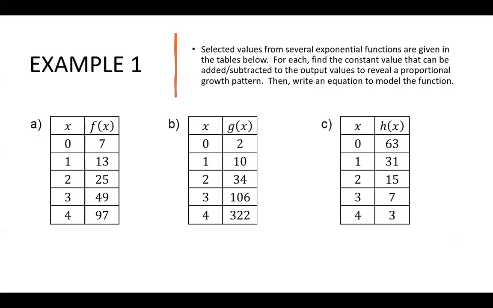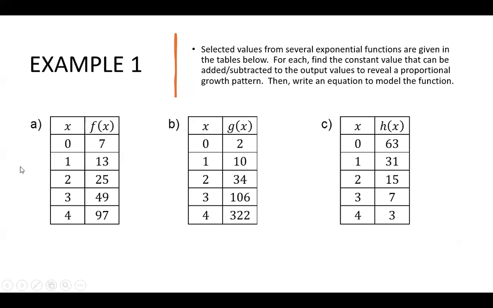Anyone remember? A common difference, right? Now, if it's not a common difference but a common ratio, typically we can look and determine if there is a common ratio, but when there isn't a clear common ratio, that means our function has been shifted.